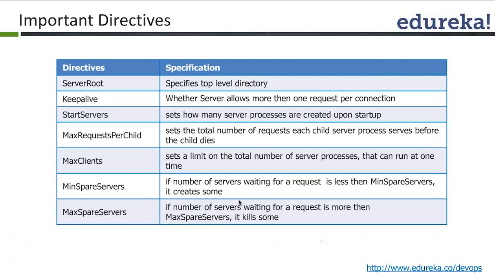Now, if there are thousands of them, it's very difficult for your server to handle, and it starts going slow. So instead of waiting for some client to come, you keep some minimum servers ready, and if you feel that the load is not only going up but going down, I actually kill some. So that is why these min and max servers exist. Okay, any questions?